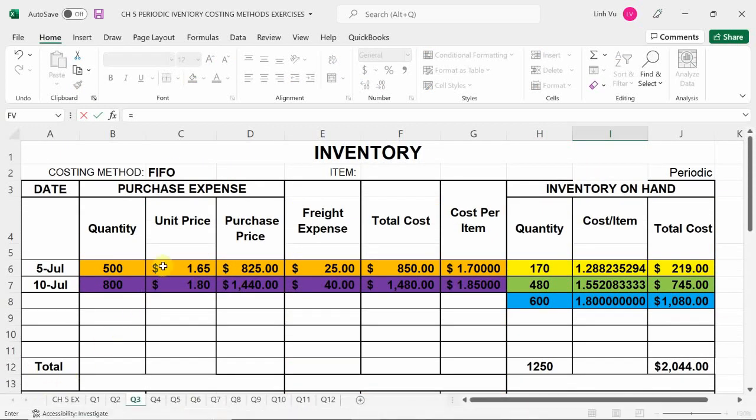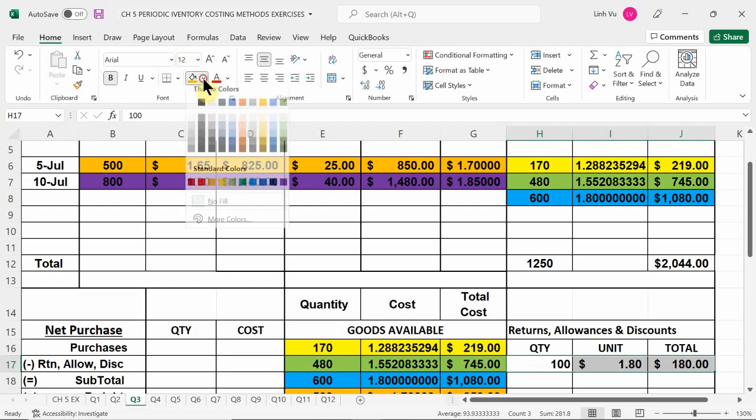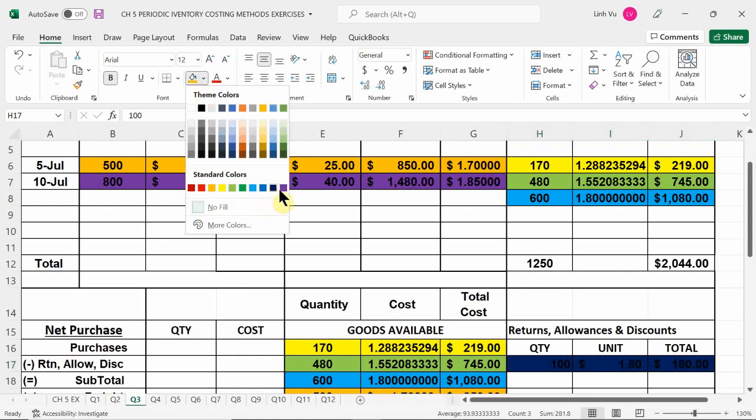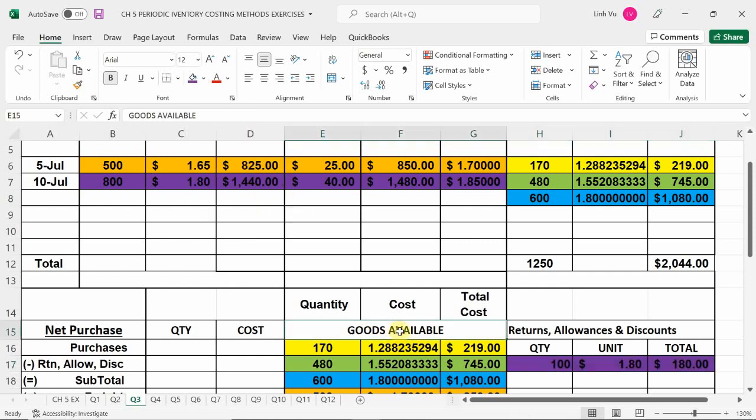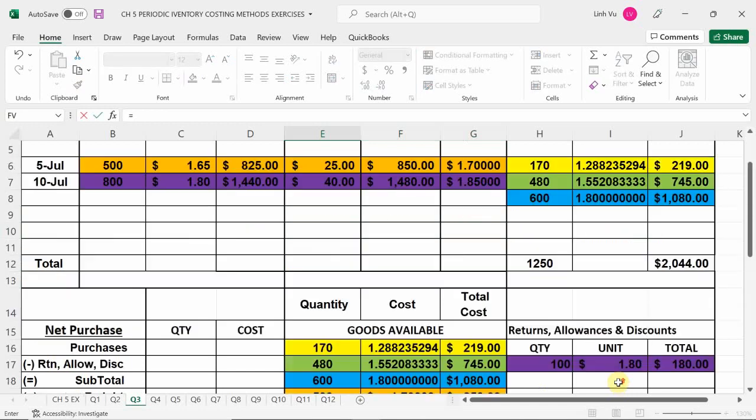I purchased them for $1.80, so if I returned 100 of them, that gives me a grand total of 180. Since I have all this information, I need to adjust my inventory accordingly, because now I actually returned 180 in value.